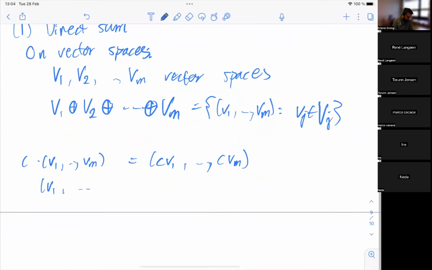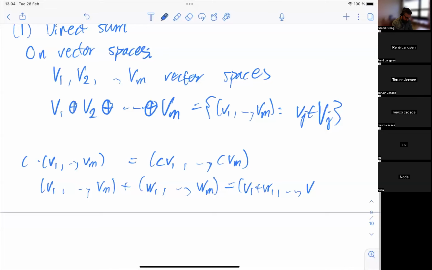And if you have two vectors, then you define their sum as just the sum in each element.